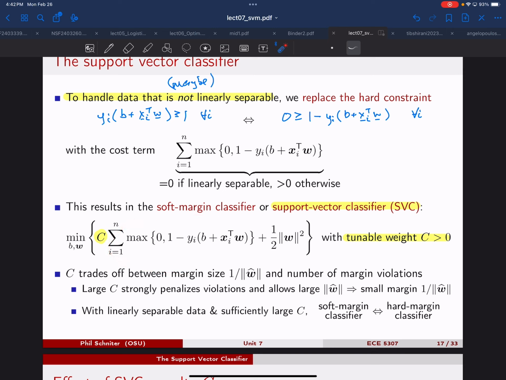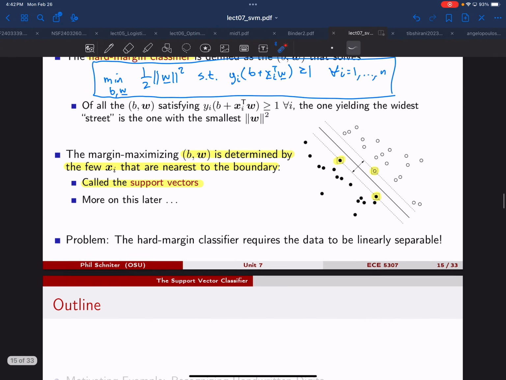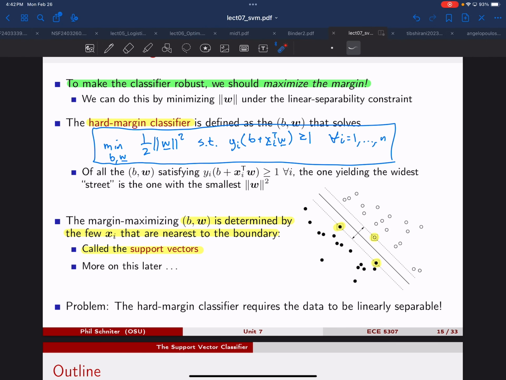But if C is small, we're going to basically be saying it's okay to make some errors in terms of linear separability. In terms of the picture, that means that some of these points will be inside the street or possibly even on the wrong side of the street.